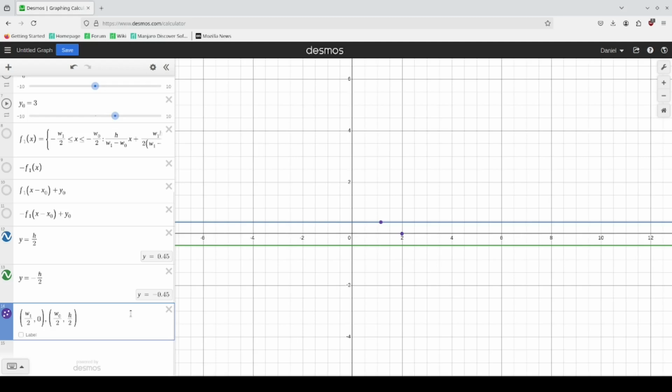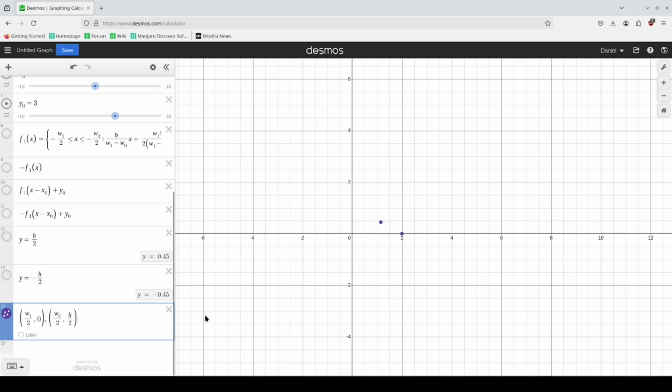To do so, the method I recommend is, since these 2 points are not both sitting at the x-axis, I'm going to go down a more generic approach using a system of linear equations.